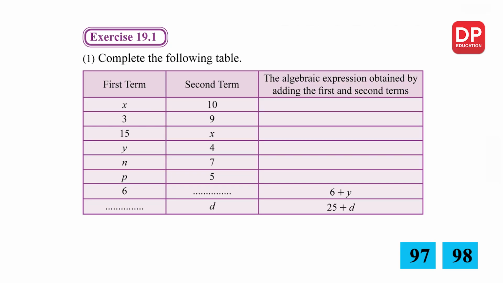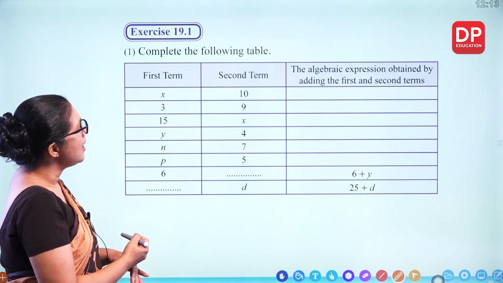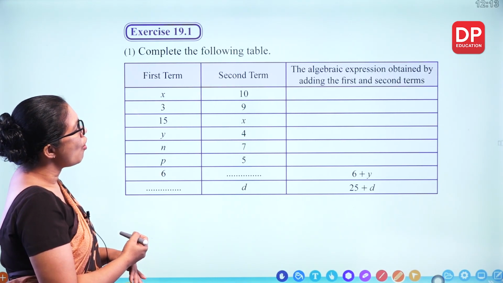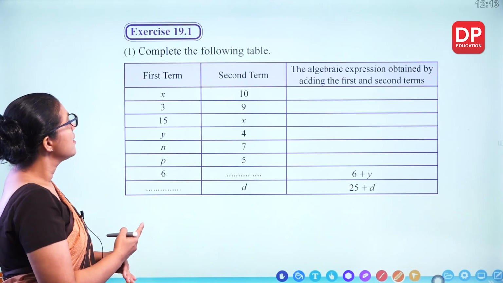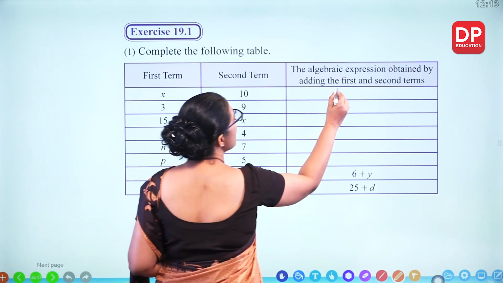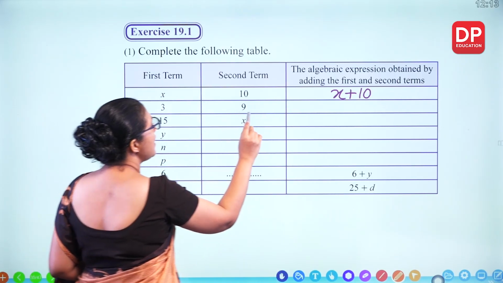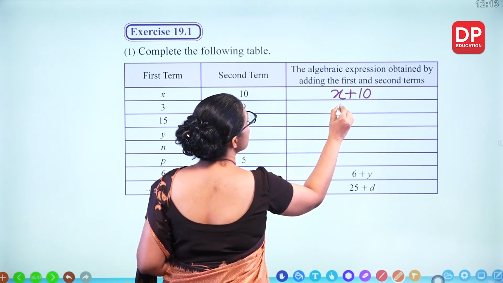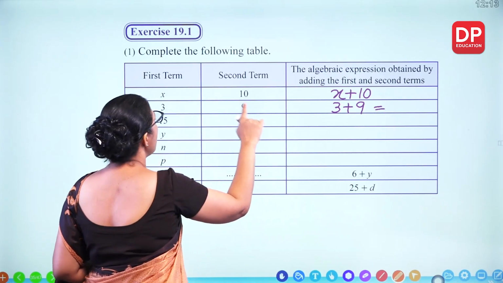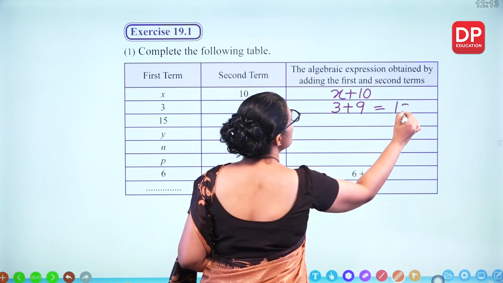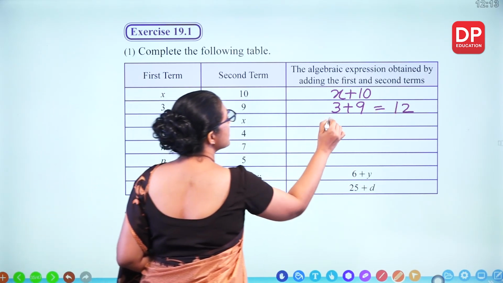Exercise 19.1. You are given the first term, second term and the algebraic expression obtained by adding the first and second terms. X and 10. X plus 10. 3 and 9. 3 plus 9. You can simplify and write 12 as well. 15 plus x.